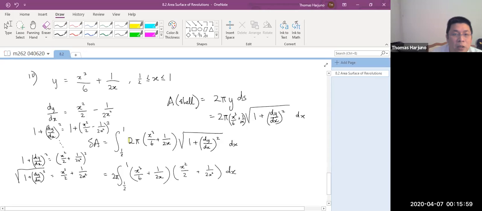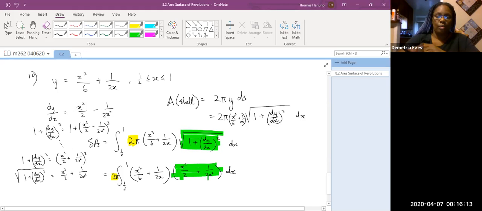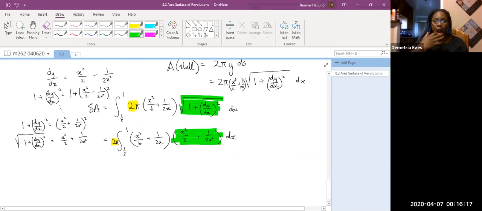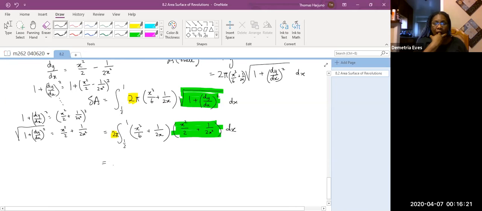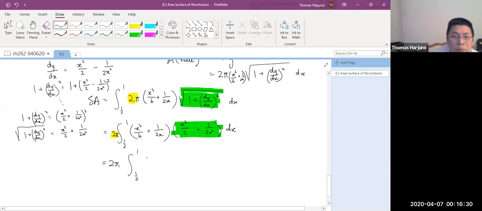So basically the 2 pi I bring out, and the square root here now becomes this. Now, what do you do from here, by the way? We will FOIL them.